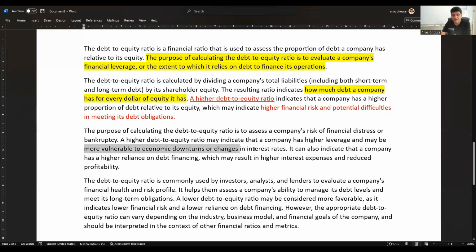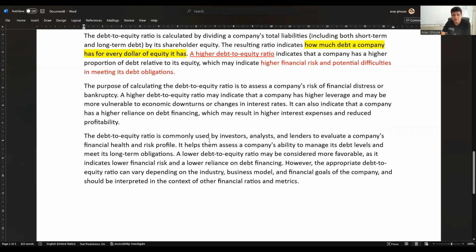If it is higher, the company is more vulnerable to economic downturns, recessions, or changes in interest rates. It can also indicate a higher reliance on debt financing, which may result in higher interest expenses and reduce profitability. So that means the profit is less. When you deduct the financing cost, which is the interest expense, your overall profitability will reduce.